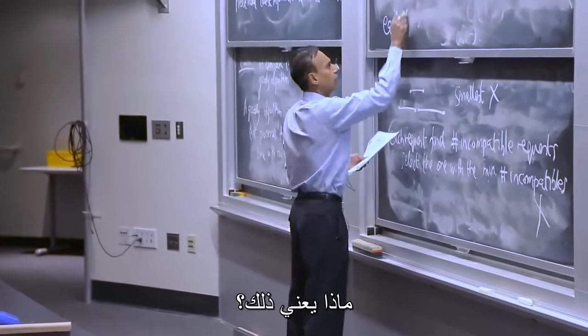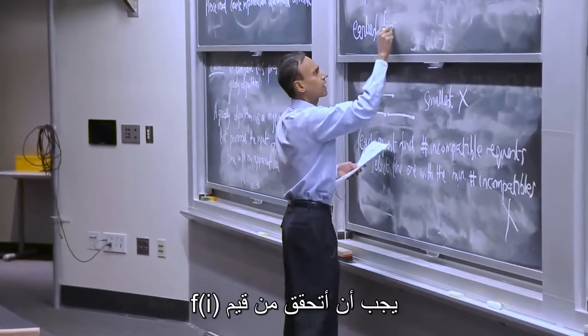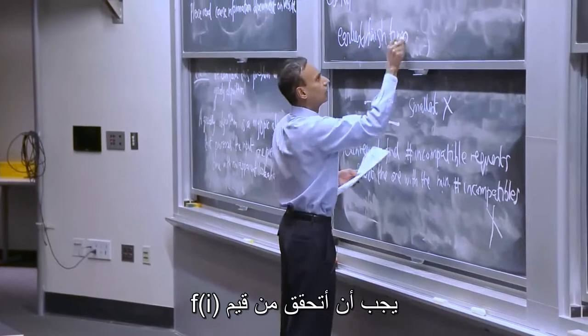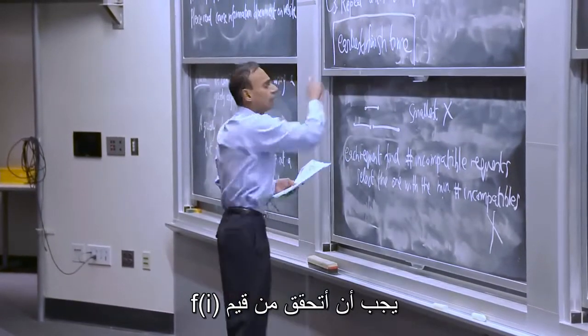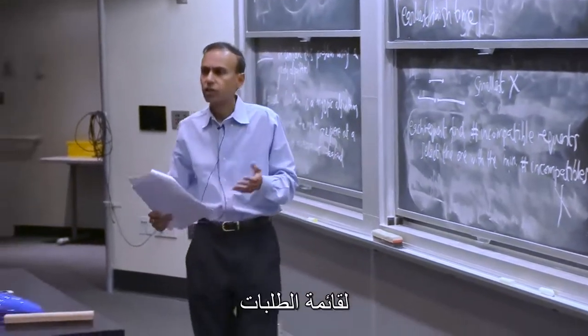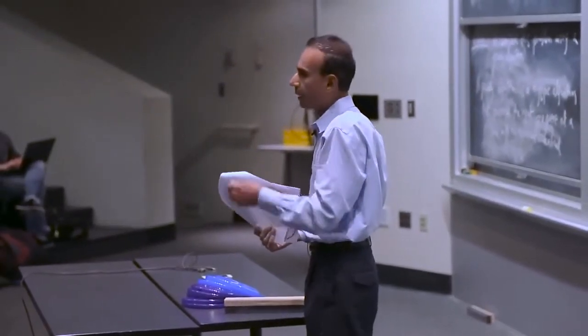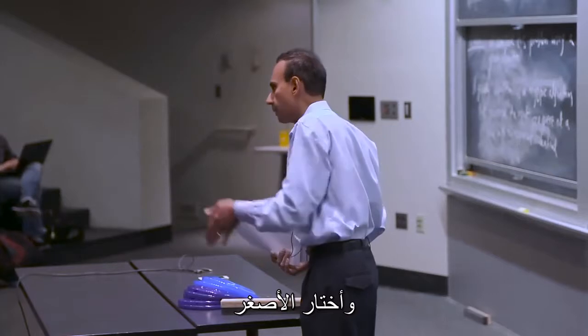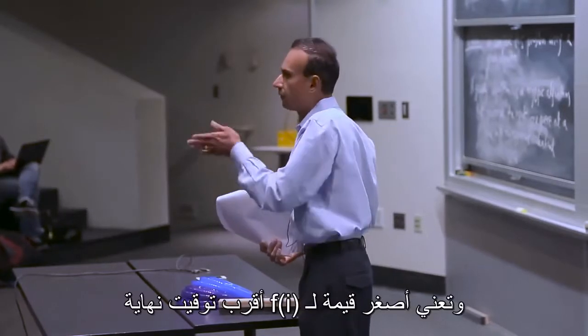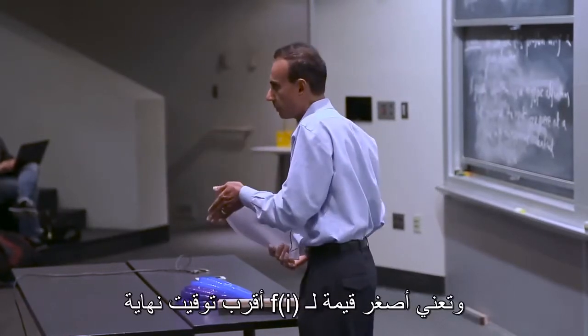what does that mean? Well, it just means that I'm going to scan the f of i's associated with the list of requests that I have, and I'm going to pick the one that is minimum. Minimum f of i means earliest finish time. Right?